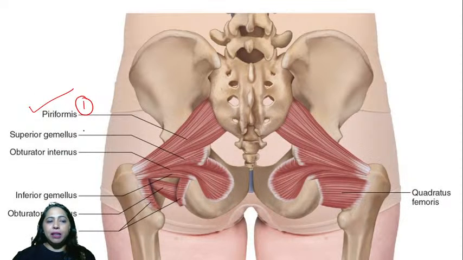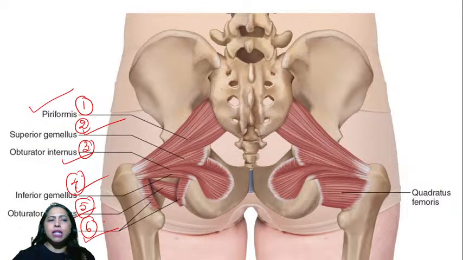Next, you have the gemellae: a superior gemellus, an inferior gemellus, and then the obturators, obturator externus and internus, both of them. And you also have quadratus femoris. So altogether 1, 2, 3, 4, 5, 6.